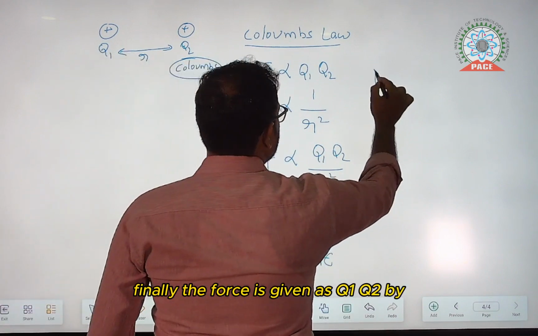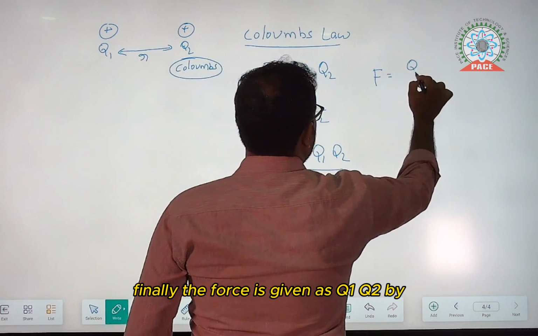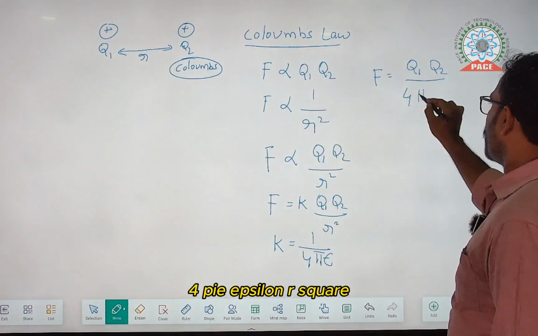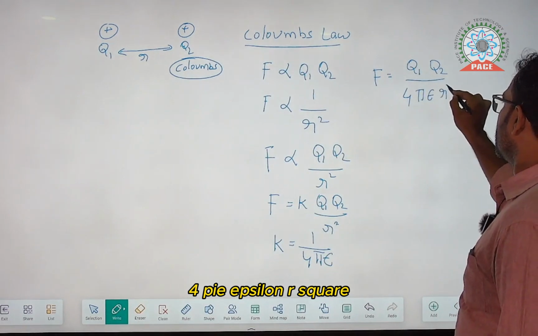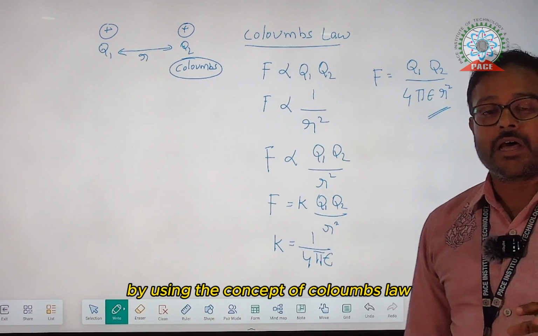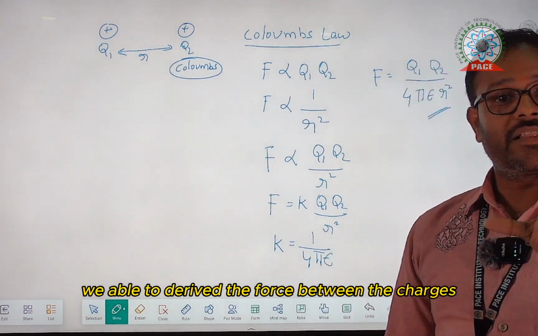Finally, the force is given as Q1 Q2 by 4 pi epsilon r square. By using the concept of Coulomb's law, we are able to derive the force between the charges.